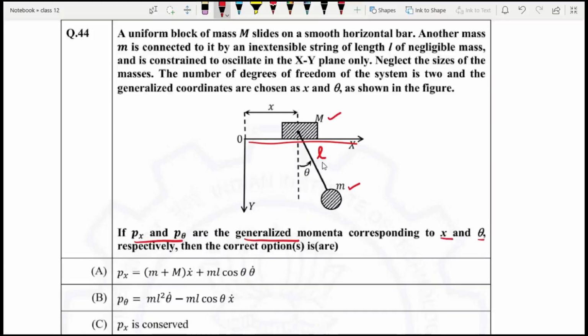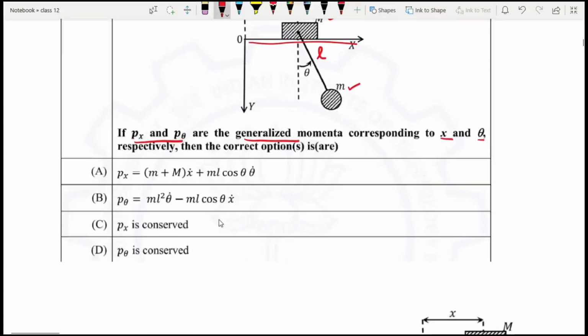And also they have given that the degree of freedom of this system is 2. They have given 4 options and among these we have to find which option is the correct one. For solving this problem we have to find p of x and p of theta.